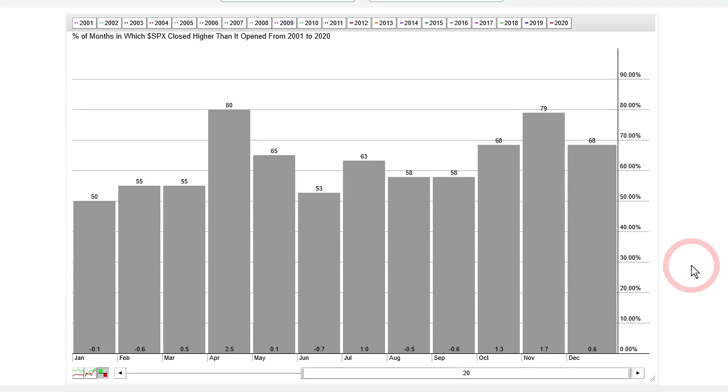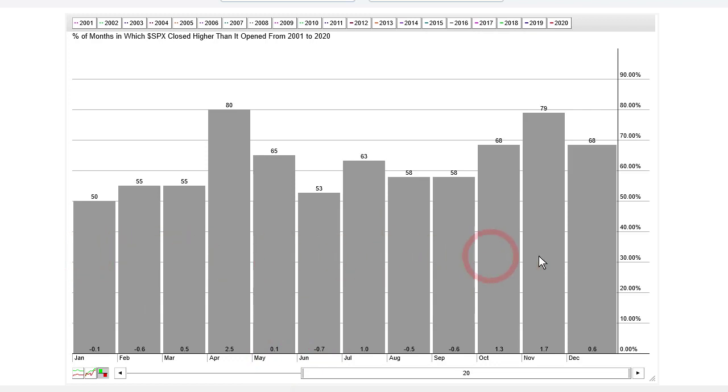So I don't use seasonality very often, and I know hindsight is definitely 2020, but the month of April is clearly the best month for the S&P 500. May is not a bad month either, but you can see the average gain loss is flat there.